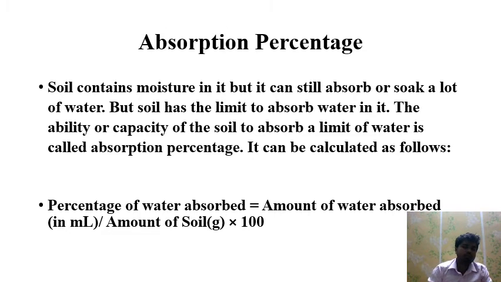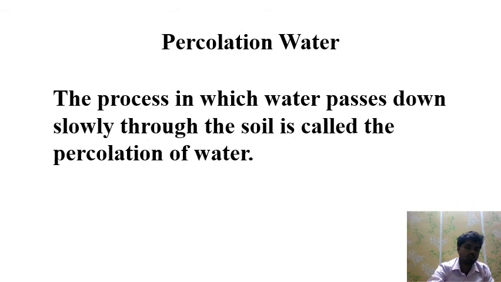So what is absorption percentage? The amount of water absorbed divided by the amount of soil into 100 is the absorption percentage.